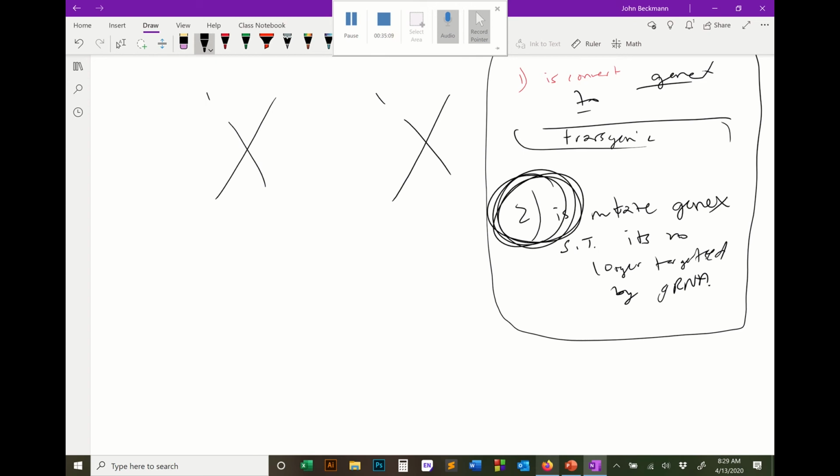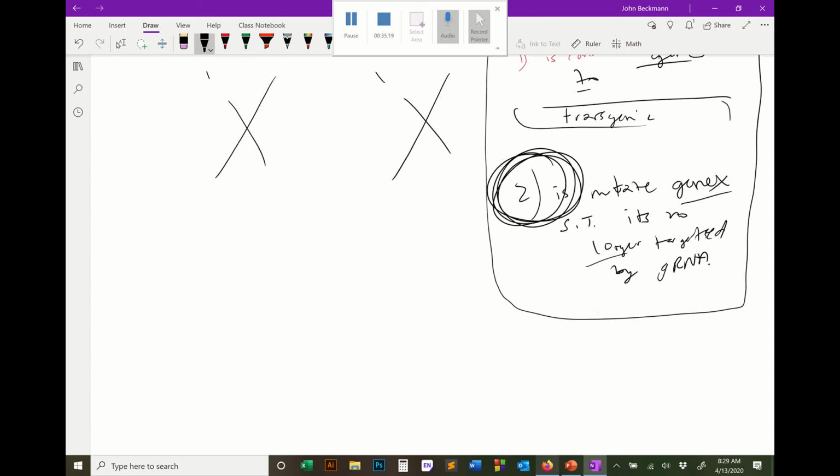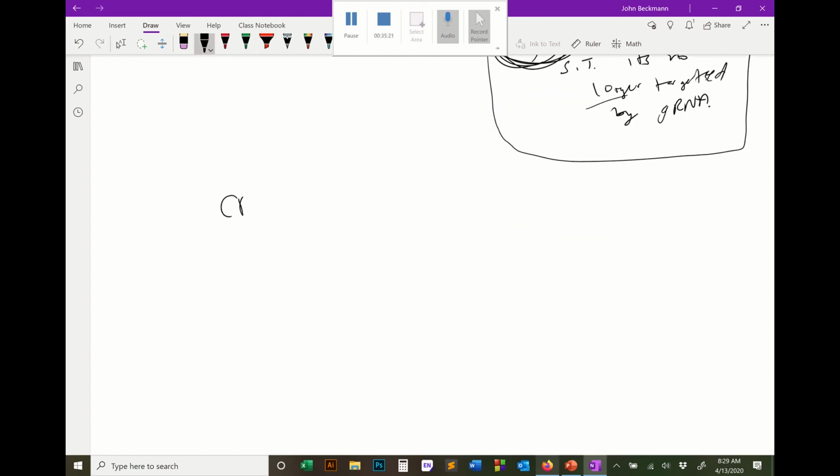It seems to usually mutate gene X in a way such that it can no longer be targeted by the guide RNA, and it rids itself from this entire system by evolving resistance. So one of the problems with implementing CRISPR-Cas9 gene drives is that by their very nature they are nucleases, and they're homing nucleases.